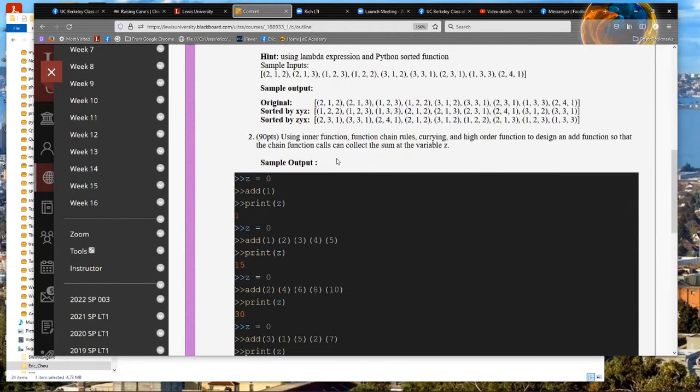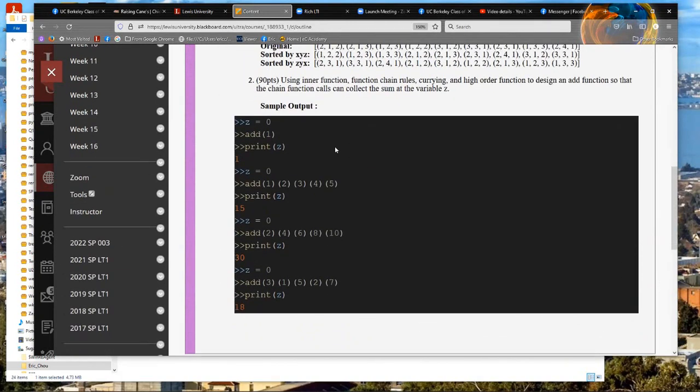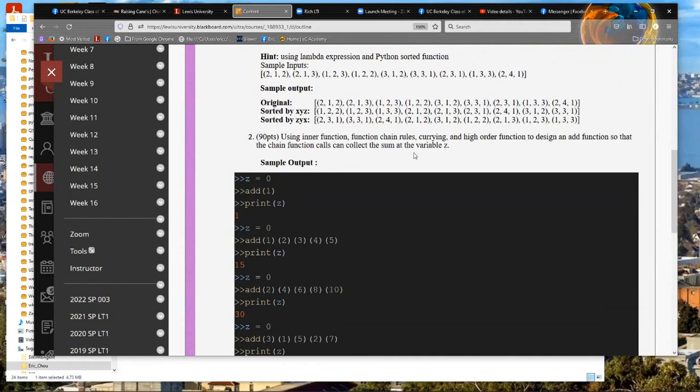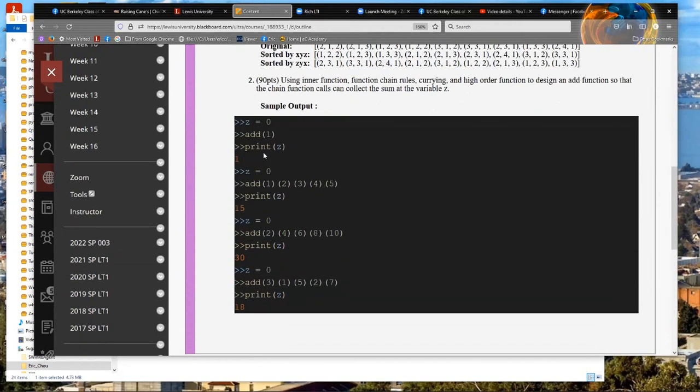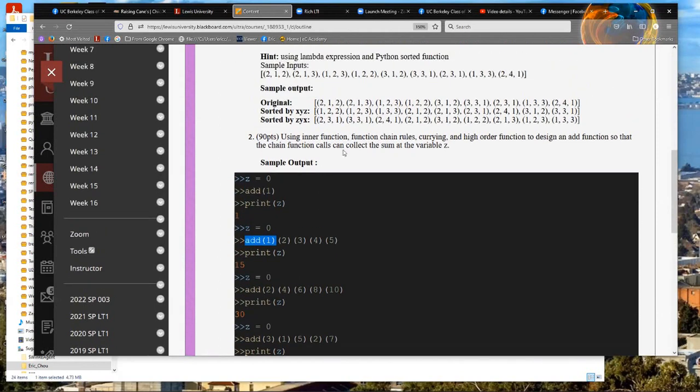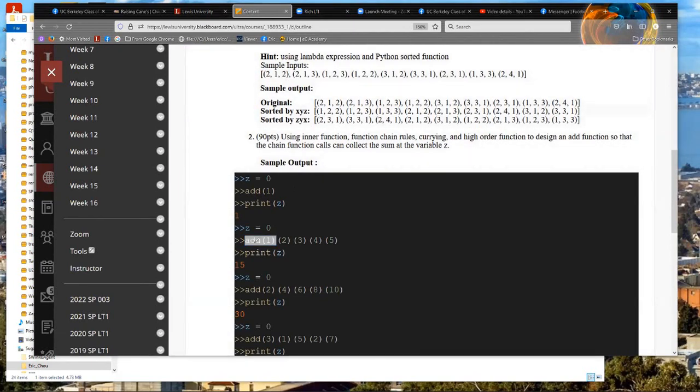The second one is an inner call. You must know about the add function. So let's say add one, you print z equals 0. So z is a variable that will be affected by the add function. So this add one will generate a function, and that function will be applied to add2.